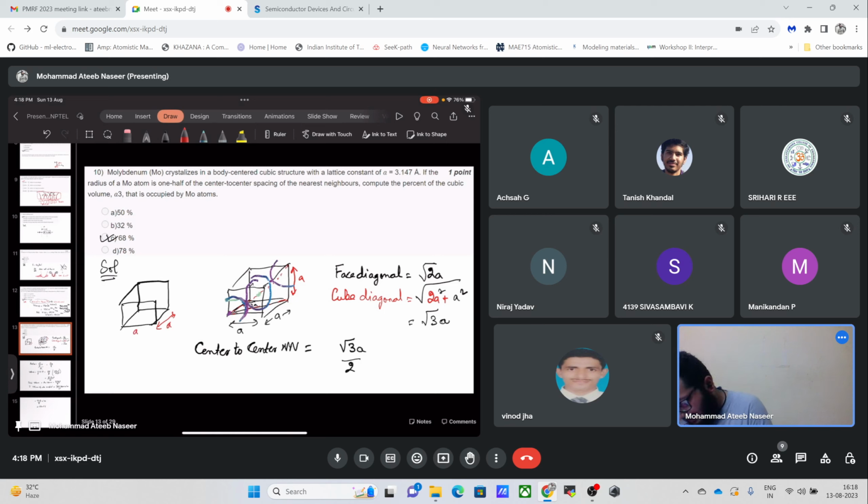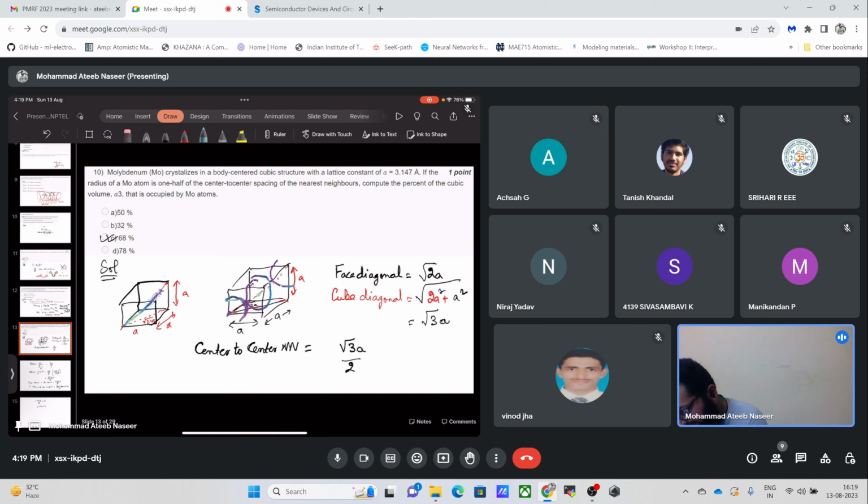If I use the Pythagoras theorem, this hypotenuse is equal to root 2a, not under the square root, root 2a. Now this is also a. Now this body diagonal would mean that I am going through this point and directly going to this point. Consider this as a plane.